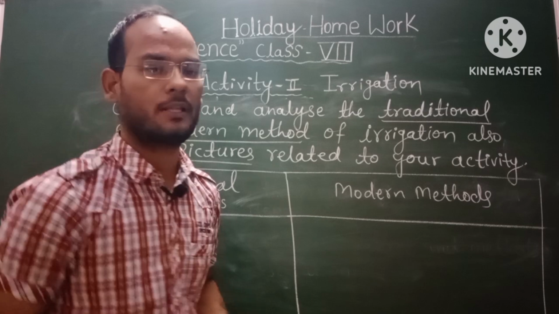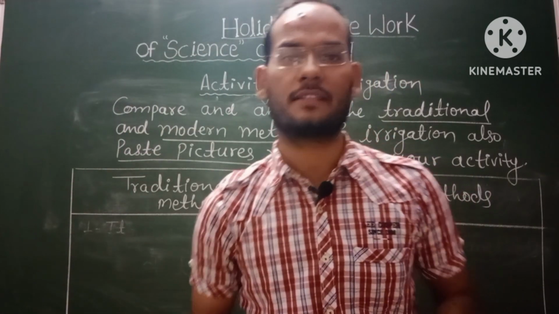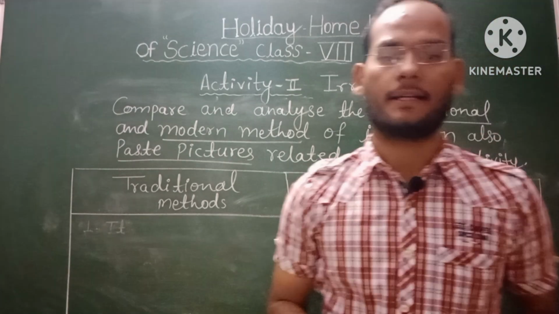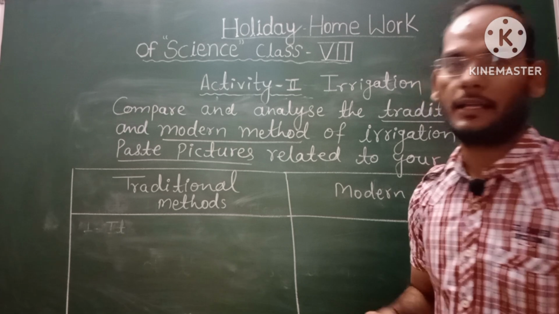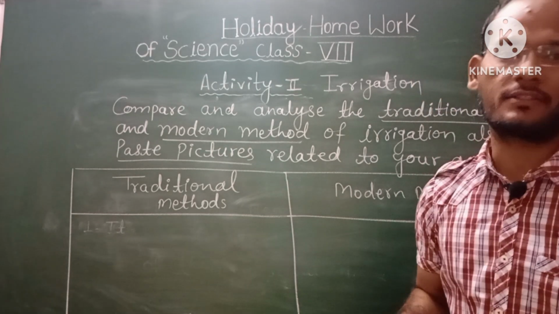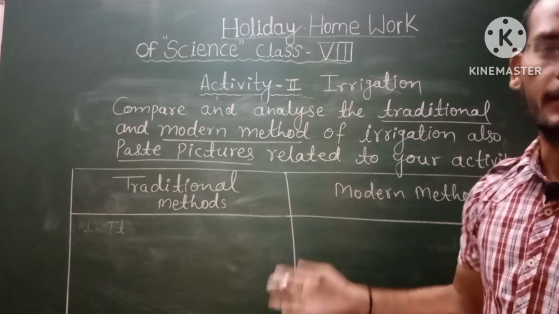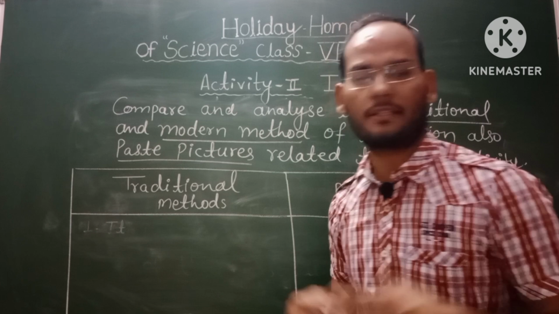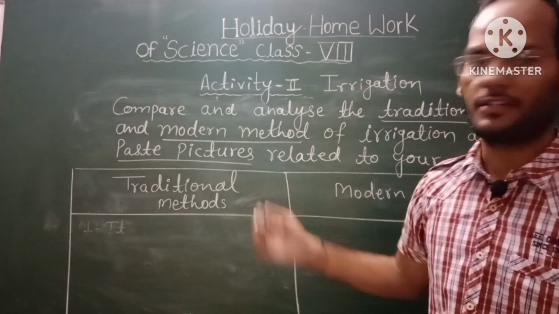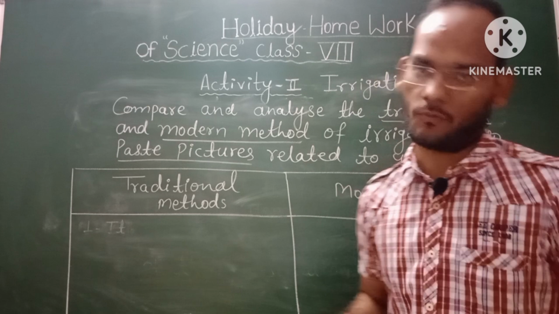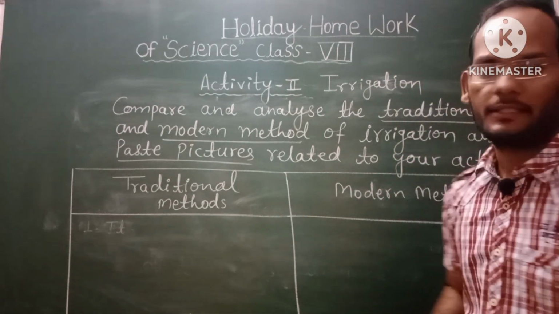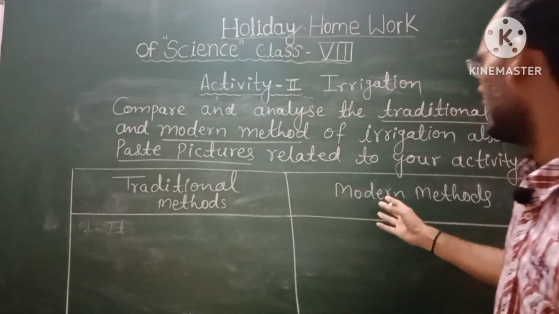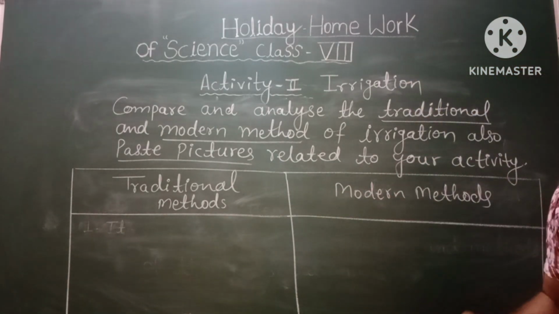For example, a traditional method takes more time to get the work done, and modern irrigation takes less time to get the work done. And second, for example, in the traditional method more manual work is required, but in the modern methods less manual work is required. It means manually we don't need to in the modern method, but in traditional methods manually we have to do the work.